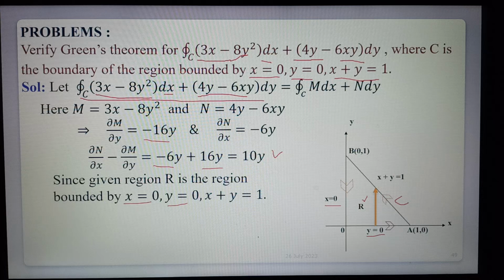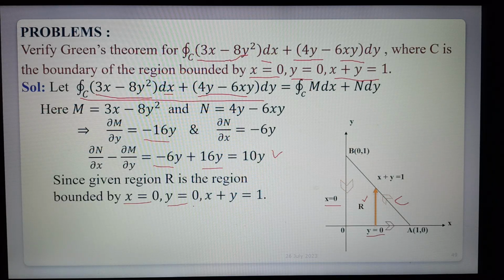To find the double integration by Green's theorem, in this region we assume a vertical strip. A vertical strip means it slides along the x-axis, so the x limits are constants and the y limits are functions of x.